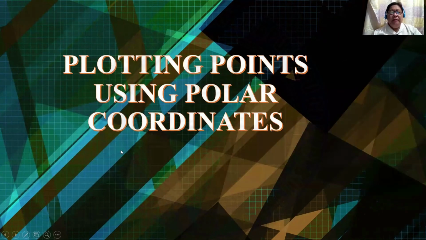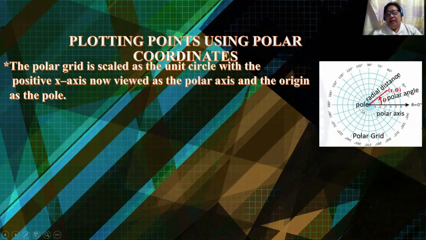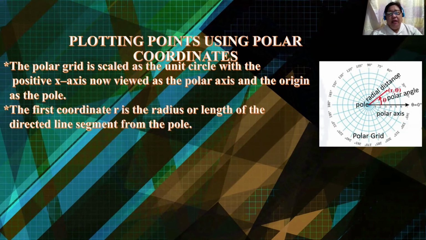Next, let us have plotting points using polar coordinates. The polar grid is scaled as the unit circle with the positive x-axis now viewed as the polar axis and the origin as the pole. The first coordinate r is the radius or length of the directed line segment from the pole.